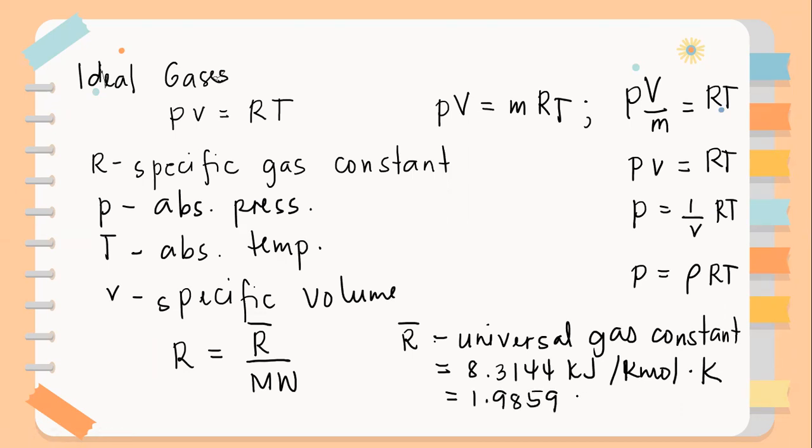1.9859 BTU per pound-mole degree Rankine, or that is 1,545.3 foot-pound force per pound-mole degree Rankine.